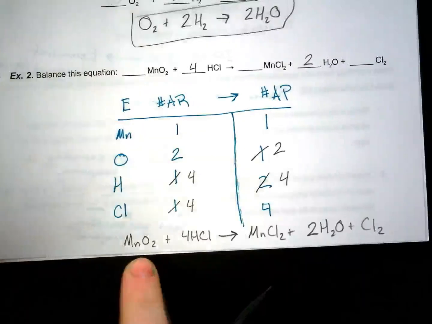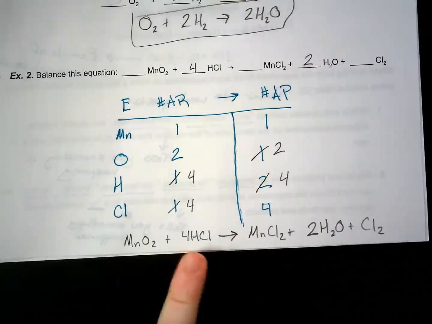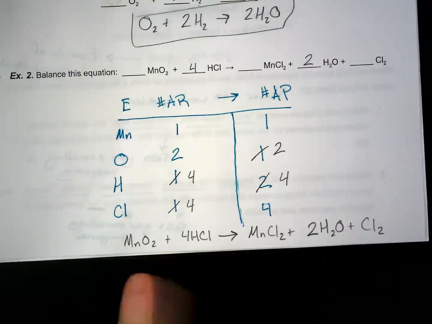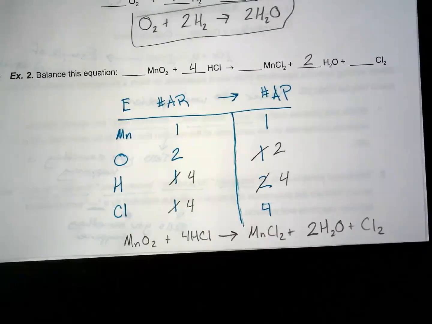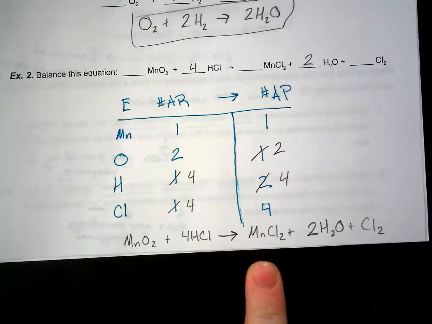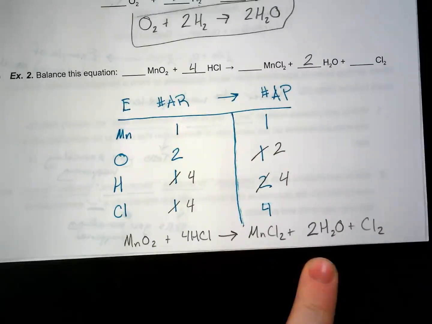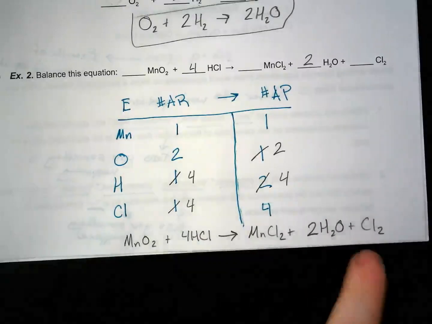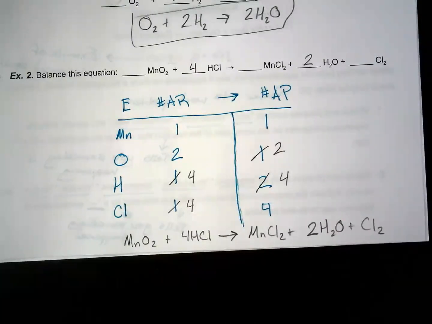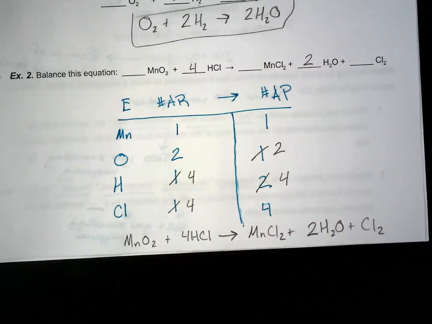So that's to say that one molecule of manganese dioxide reacts with 4 molecules or 4 formula units of hydrochloric acid, and then that yields manganese chloride here, but also produces 2 molecules of water, and then releases chlorine gas. So that's what this is all saying here, with our important coefficients giving us a balanced equation.